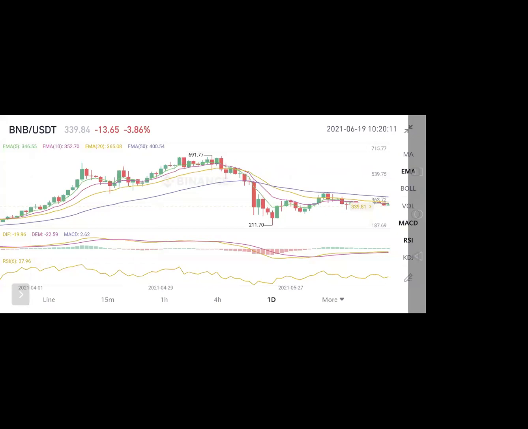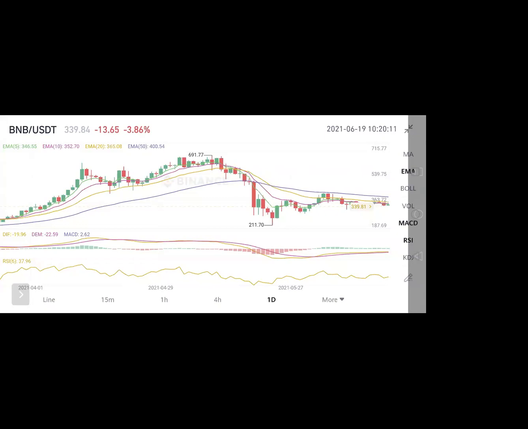When you look at the EMAs, we have green, yellow, red, and pink. We have 5 EMA, 10 EMA, 20 EMA, and 50 EMA. What these numbers mean: on this 5 EMA, it's the price average of 5 candlesticks.